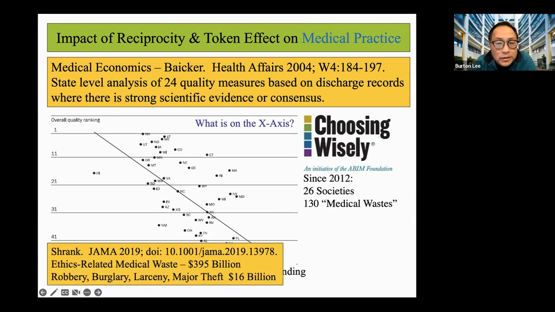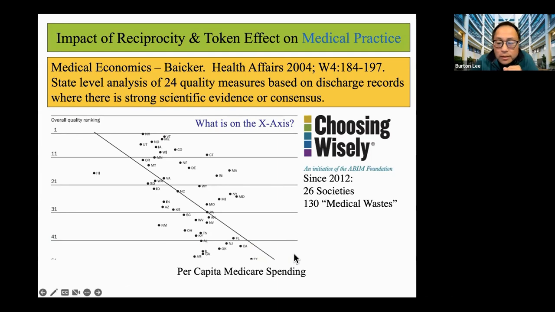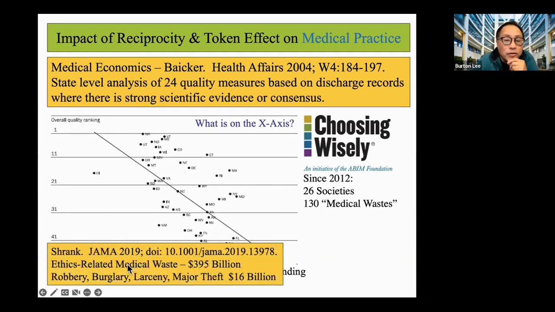And then some of the researchers point out that if you look at all of what they call in this paper ethics-related medical waste, okay, it's kind of a polite term for all the fraud and things like that that happens in medical care, it's $395 billion each year, and that is probably like the gross domestic product of some small countries.